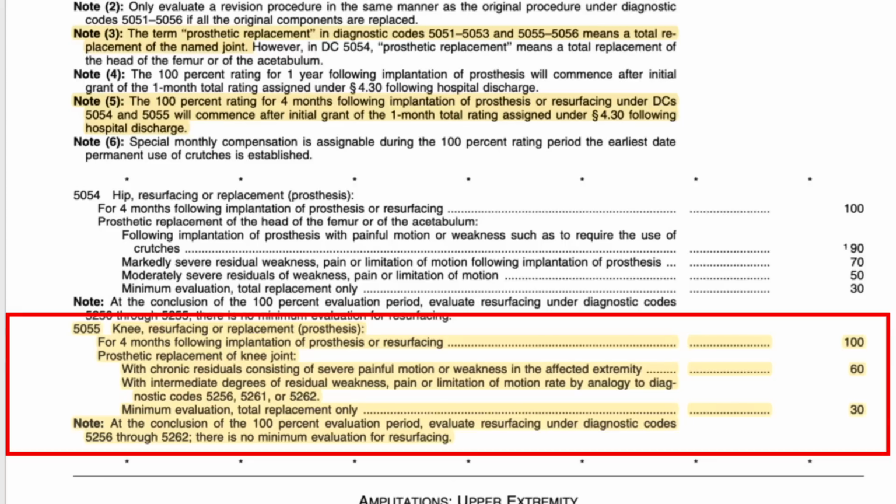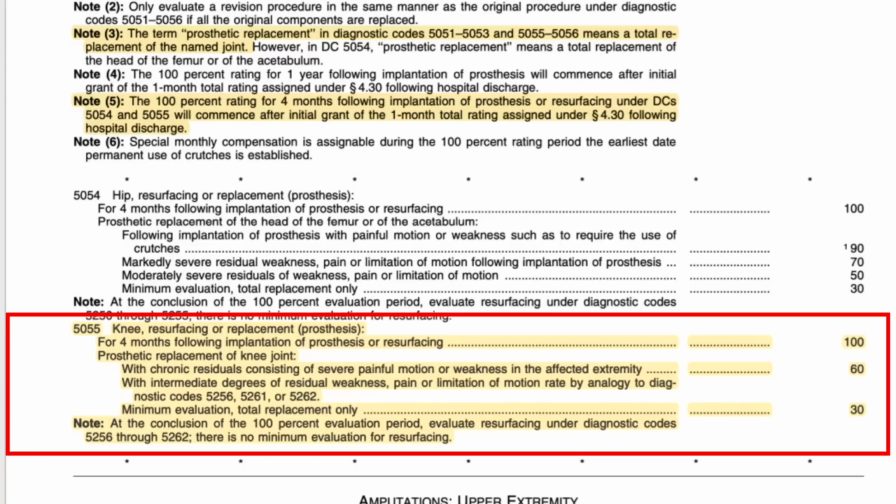The actual minimum rating is 30%. So that might represent a reduction. You might have a 30, a 20, and a 10 for your flexion, extension, and instability ratings.